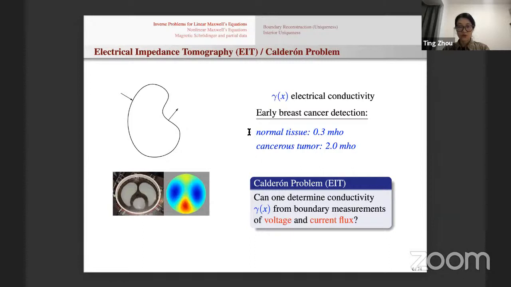For electrical impedance tomography, this is the motivation of the Calderon problem: can we determine uniquely the conductivity from the boundary physically voltage to current flux map, mathematically the Dirichlet-to-Neumann map?